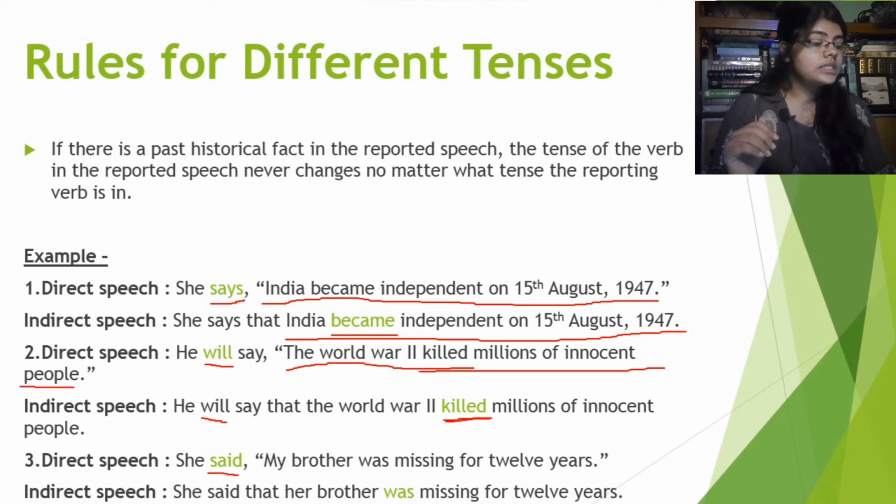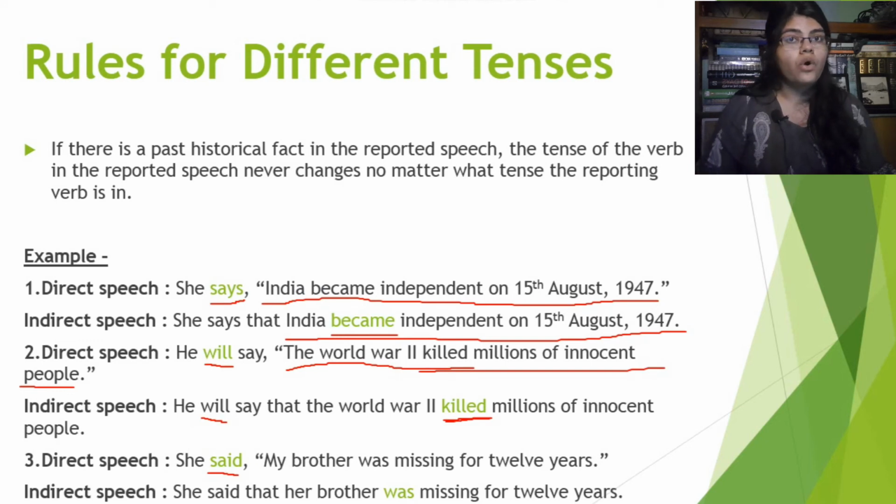So this is the reason why we have to remember these two rules, this rule and the previous rule, because if the reporting verb is in past tense, then we have to be very careful about what is said in the reported speech. If it's a universal truth or a habitual fact or a historical event, then the verb of the reported speech will not be changed. This is very important to remember if the reporting verb is in past tense.